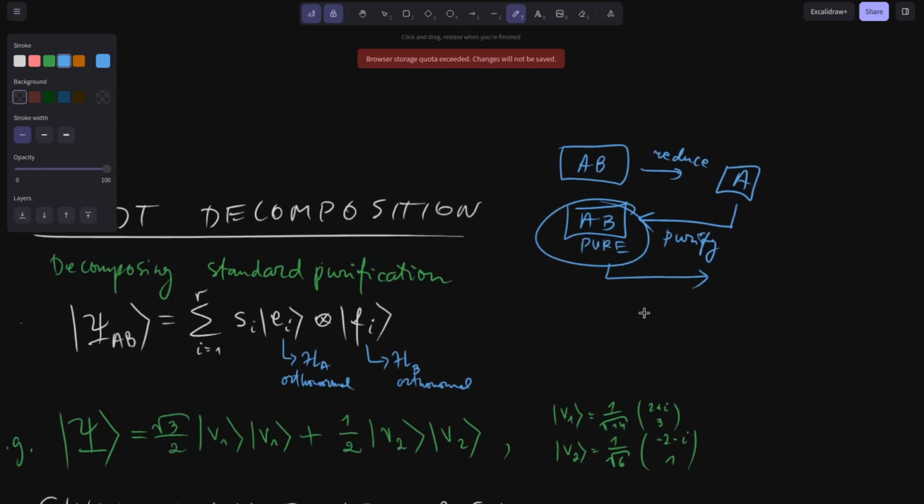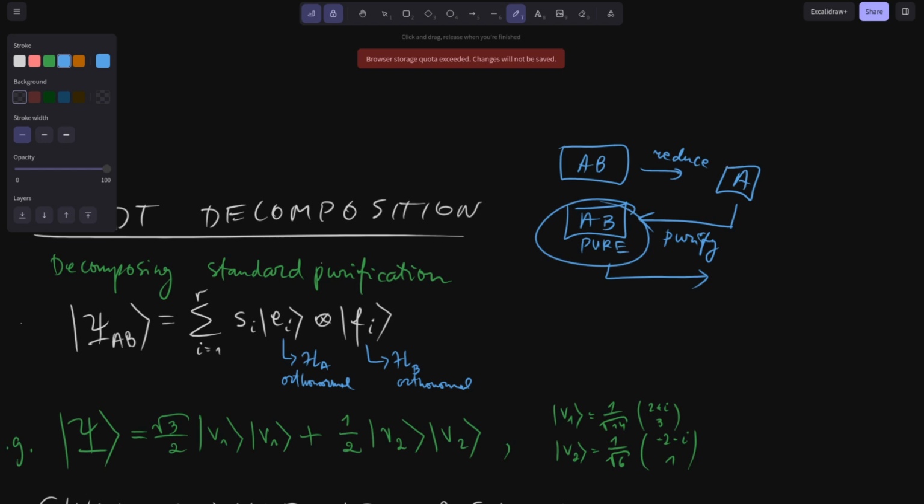So to recap, we had some kind of state. We can take any kind of state on two systems, for example. We can reduce it using partial trace, and then we can purify it back. So we can find some kind of bigger pure state that we could reduce back, right?